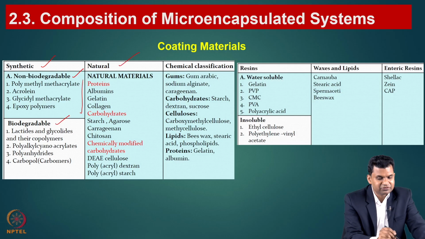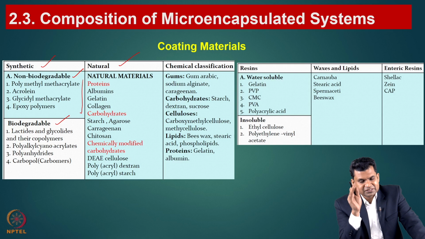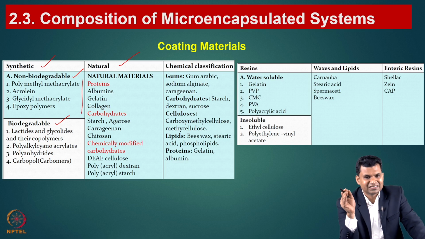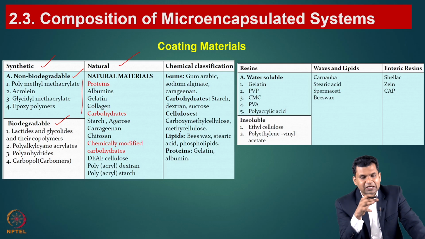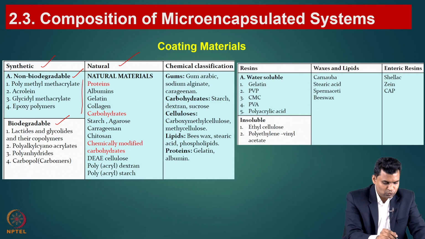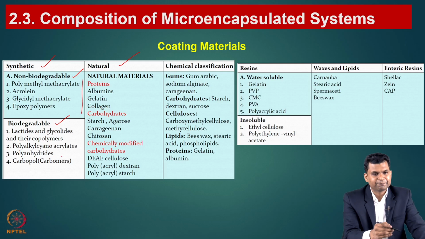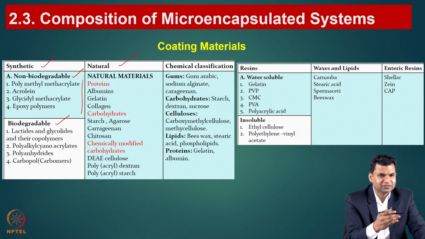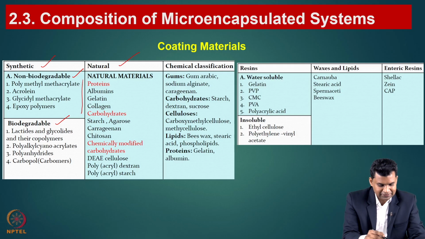All this we discussed in the first week, in the introduction to novel drug delivery systems, where we discussed polymers and their usage in novel drug delivery systems. So, we can classify synthetic polymers as non-biodegradable and biodegradable polymers. And then here you can see the natural materials.